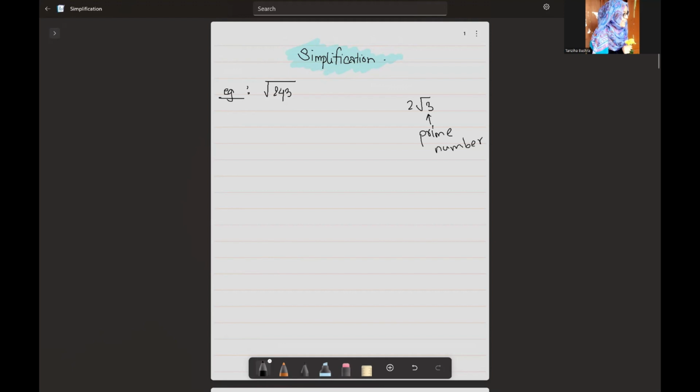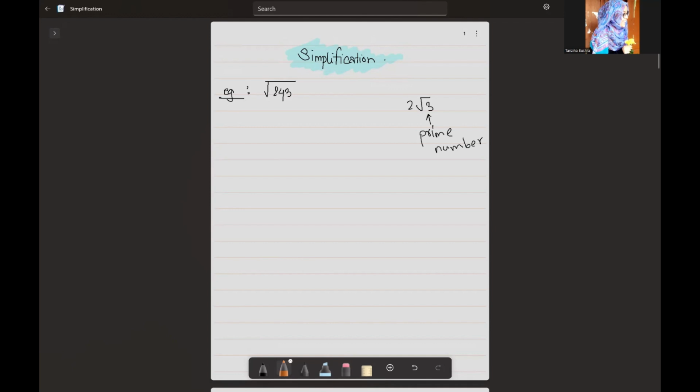So in these cases, what we do is we go for the prime factorization. We all know what prime factorization is. Prime factorization is trying to write out this number, whatever we have here, as a product of prime numbers.